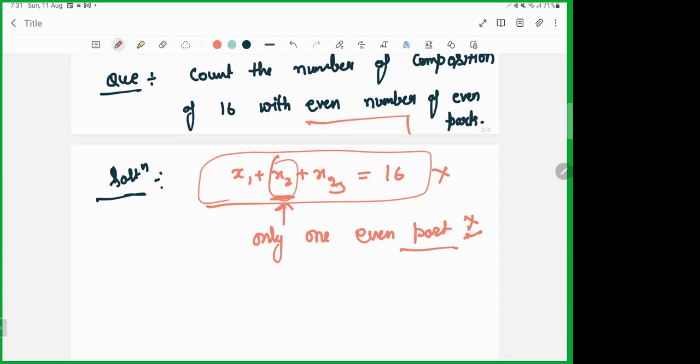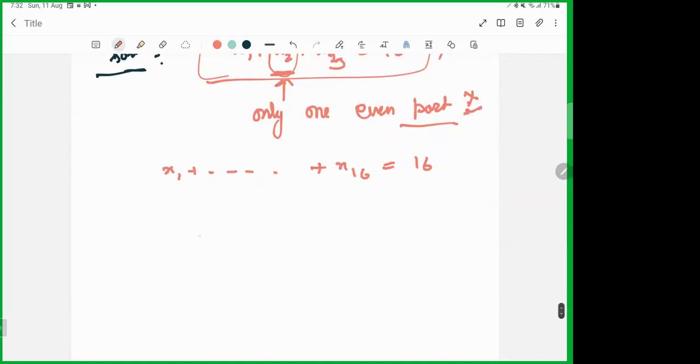I can have up to x16, x1 plus up to x16 equals 16. I'm talking about cases, where there are only four even parts with even numbers, so x1 till x8. So you are creating cases, right? Your idea is also correct. So you are saying start with cases.